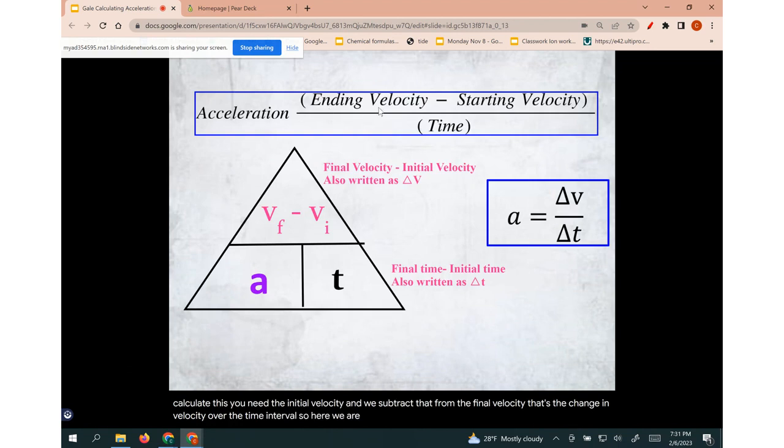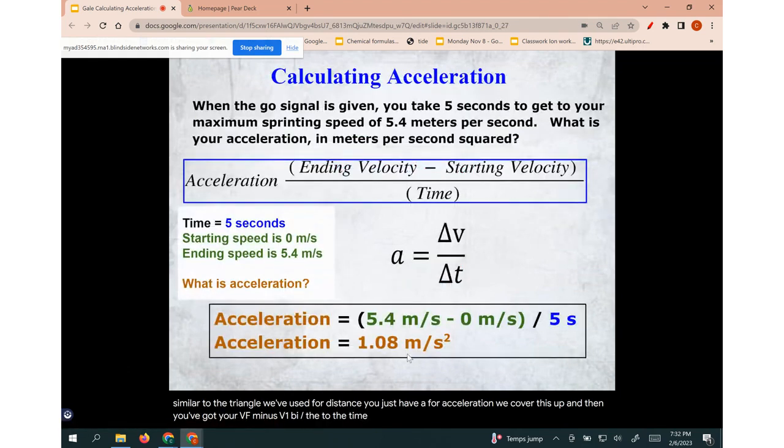So here we are, ending velocity minus starting velocity over time. It looks very similar to the triangle we've used for distance. We just have A for acceleration, and then you've got your VF minus VI divided by the time.